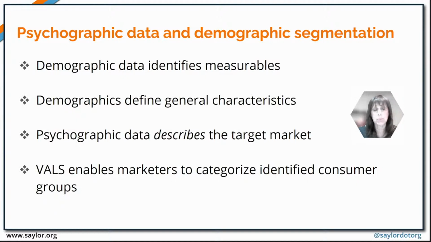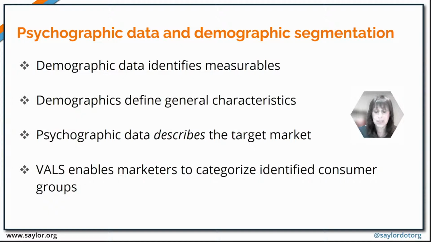So it's important to recognize that because all of these factors impact the way people will make their decisions. And one of the tools that marketers use is something called VALS, which stands for values, attitudes, and lifestyles. And marketers use this tool to identify different consumer groups. And within those consumer groups, there are different characteristics and different behaviors.